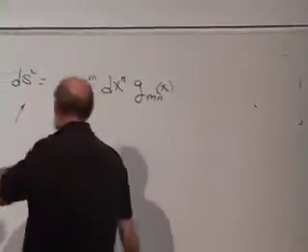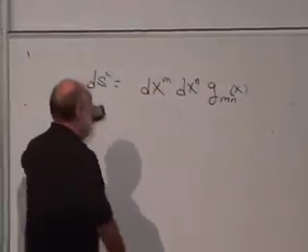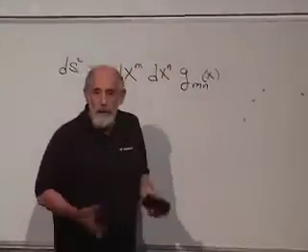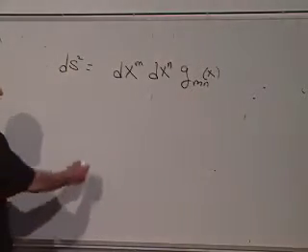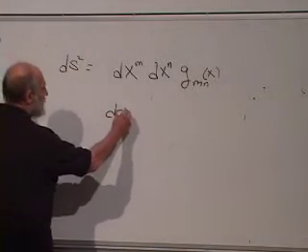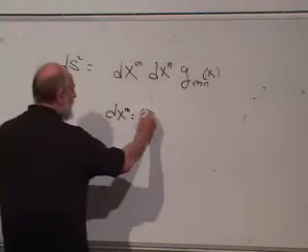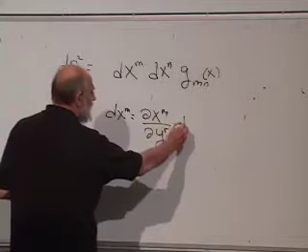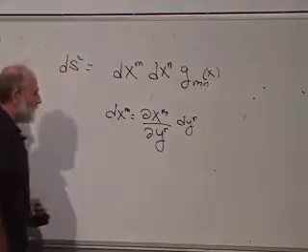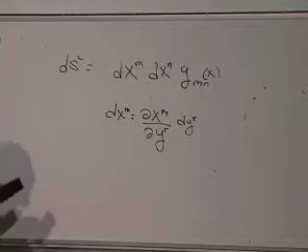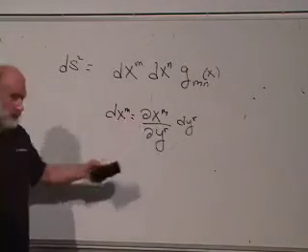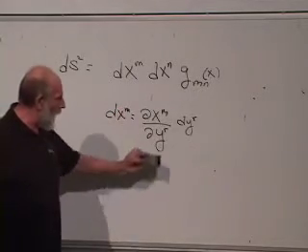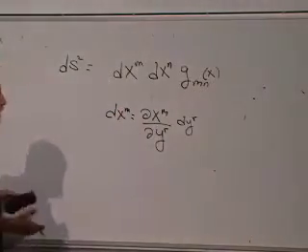To see how it transforms, we need to write the distance between the same 2 points, but instead of in x notation, in y notation. So all we need to do is write that dxm is equal to the derivative of xm with respect to yr dyr. The differential displacement in xm is the derivative of xm with respect to yr times the differential displacement in y.